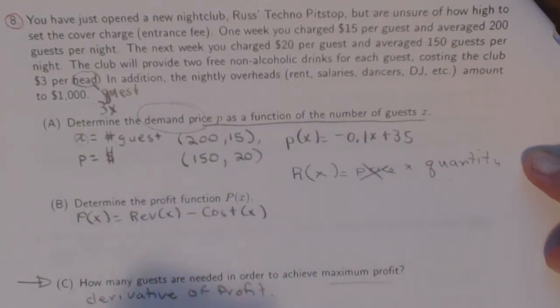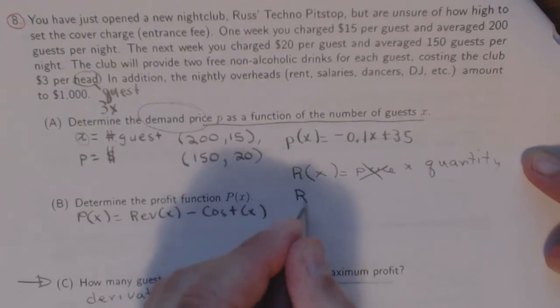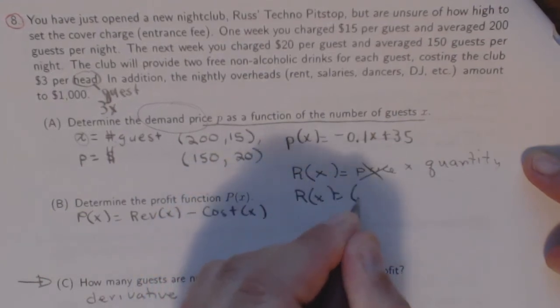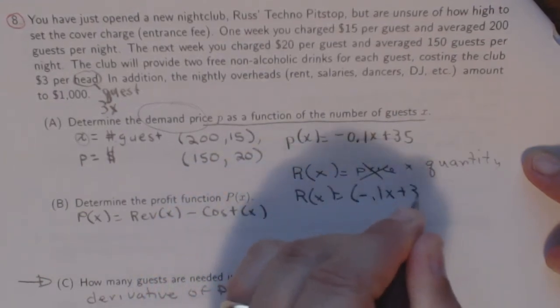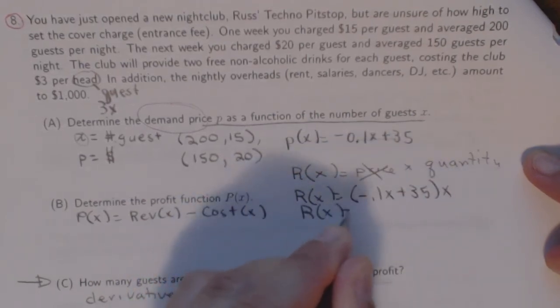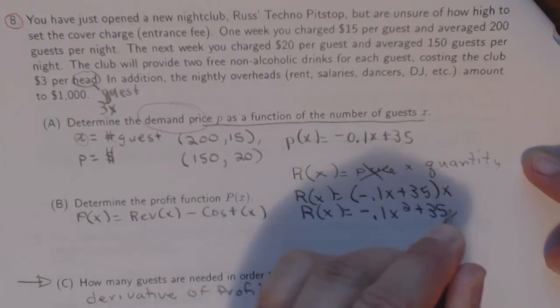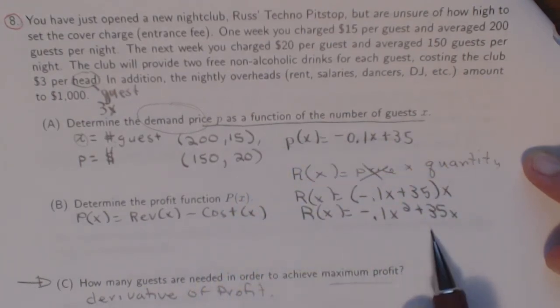So that means price needs to go away, and that's a price function. So R of x is equal to negative 0.1x plus 35 times x, which is negative 0.1x squared plus 35x. So I have built my revenue function.